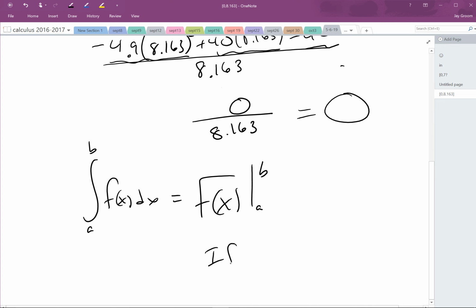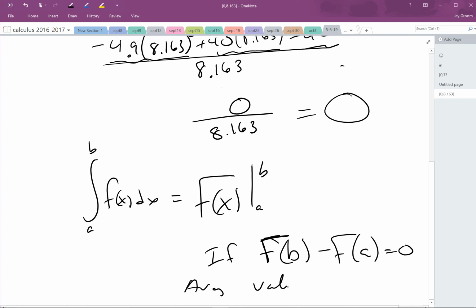And if f of b, oops, all right, and again, why is that? Because, like in the case of the one we just did, we found displacement. It had 0 displacement in 8 seconds. So how fast was it going? It wasn't going, on average. Okay? Because for all we know, it didn't move at all.